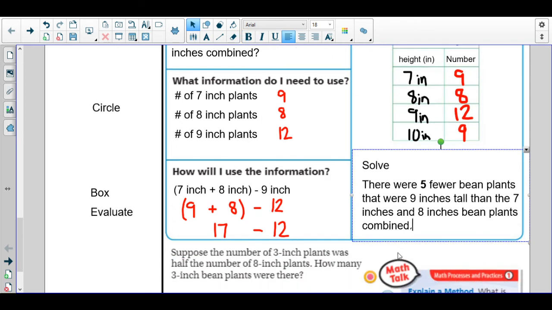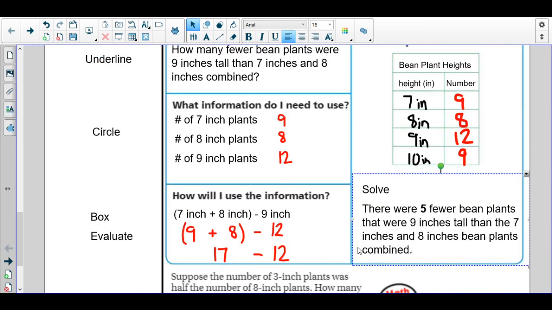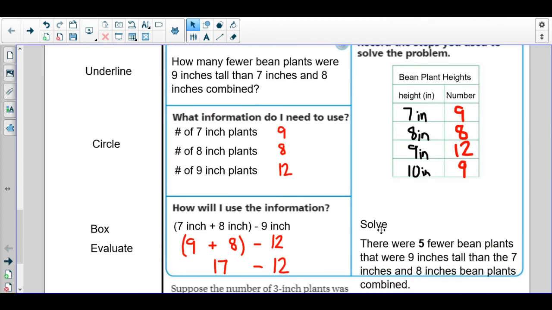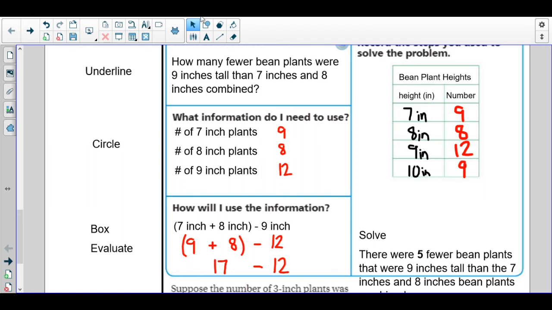Suppose the number of 3-inch plants was half the number of 8-inch plants. How many 3-inch plants were there? So we're going to add a new table up here, or a new part of this. All right, put that right down here. And we're going to add like a category right here.